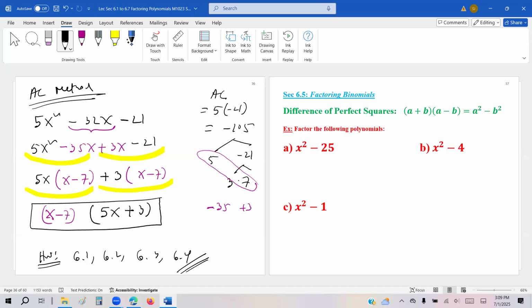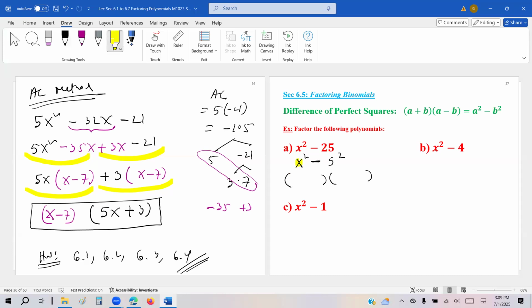So all of these examples are difference of perfect squares. We have x squared minus 25. X squared is a perfect square, so is the 25. So you can rewrite x squared minus 5 squared. So now you see 2 perfect squares and minus between them. So how do you factor them?